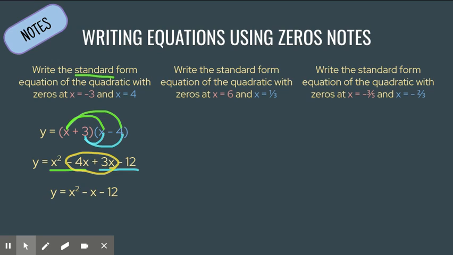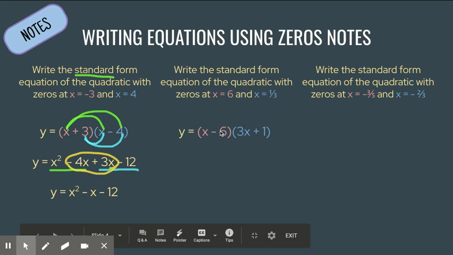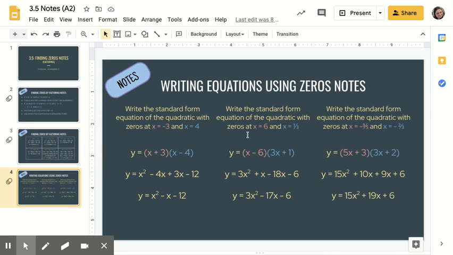And then on the next one, I have x equals 6 and x equals 1/3. This is going to become x minus 6. And then let's take a look at why this one became what it did. On the last slide, I explained it's going to be the opposite. And I'm sorry, I made a slight mistake here.